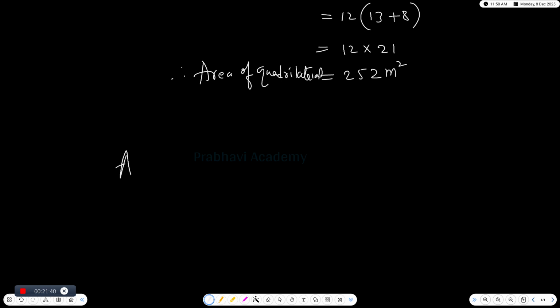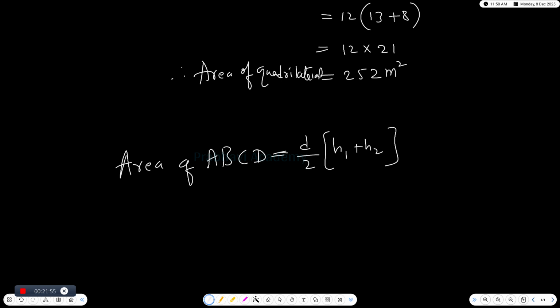Directly you can write area of ABCD is equal to diagonal by 2 into sum of heights, that means H1 plus H2, sum of heights. So diagonal here is, we know 24, and H1 is 13 and H2 is 8.